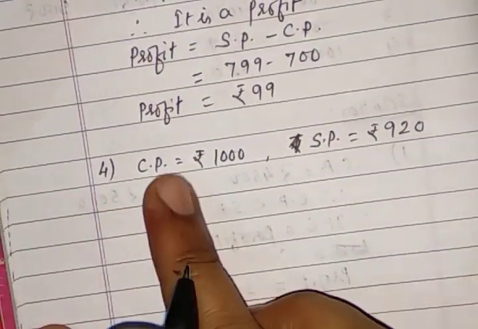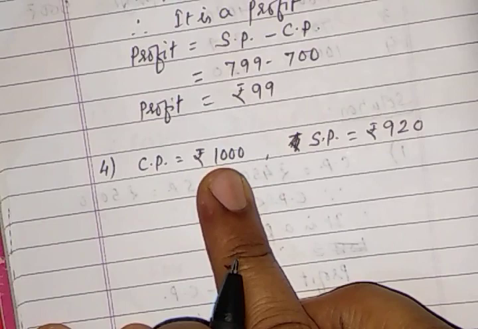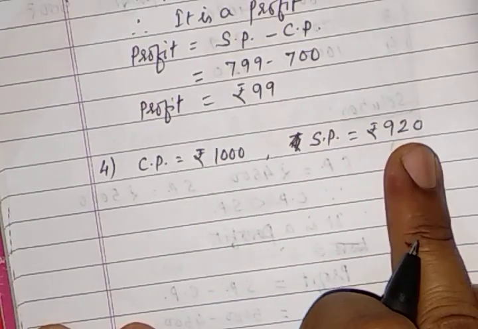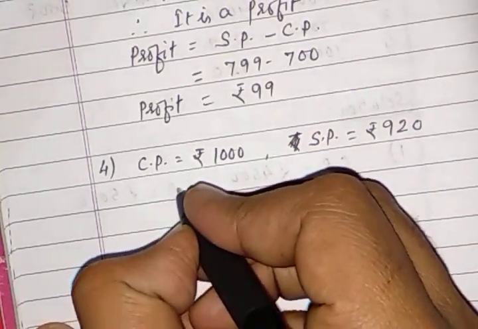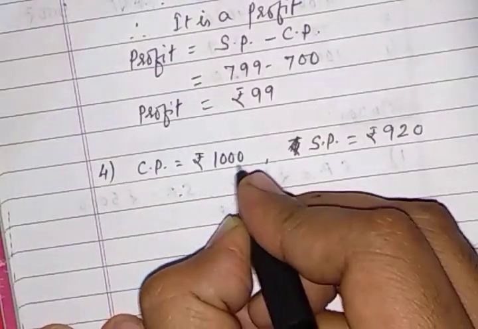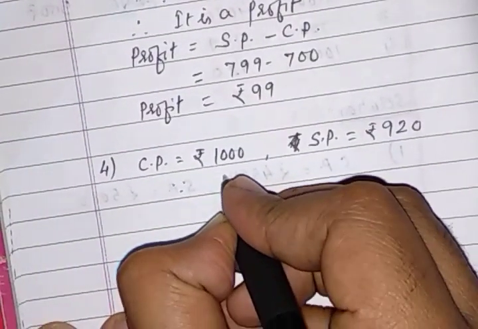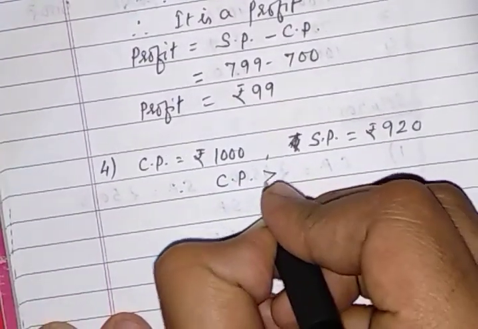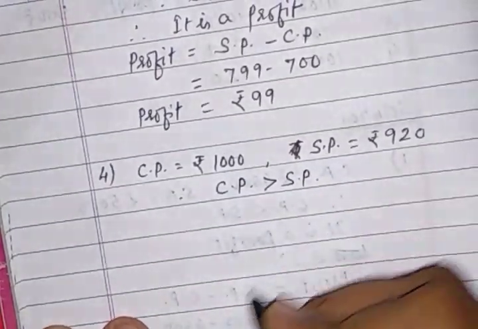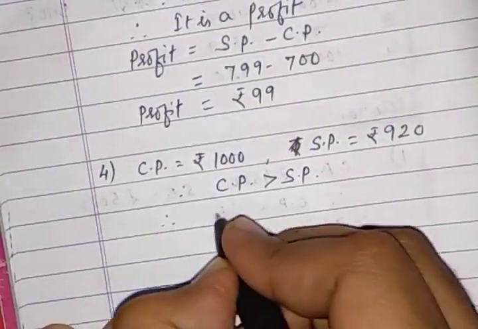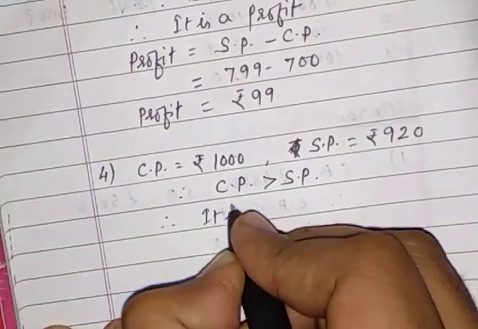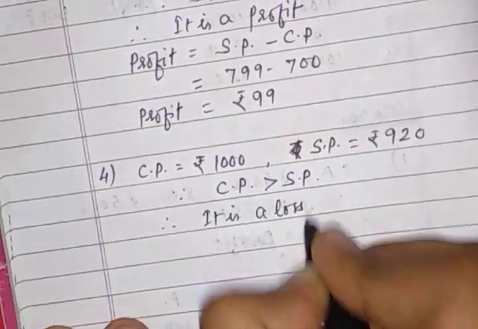You can see the next sum. Cost price is 1000, selling price is 920. So again you decide first which one is greater. Cost price is greater than selling price, so you can say therefore it is a loss.